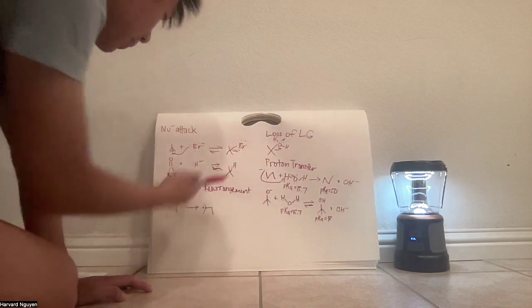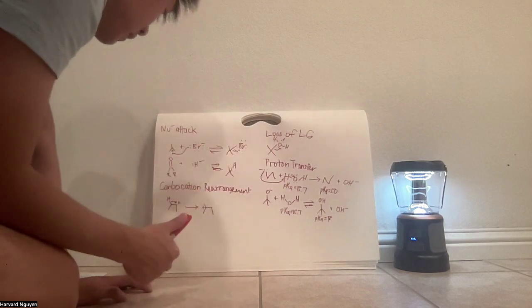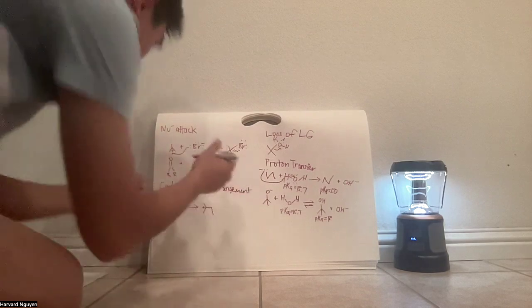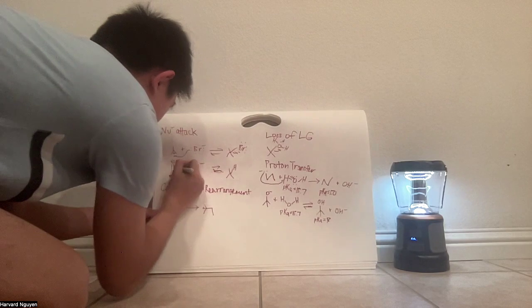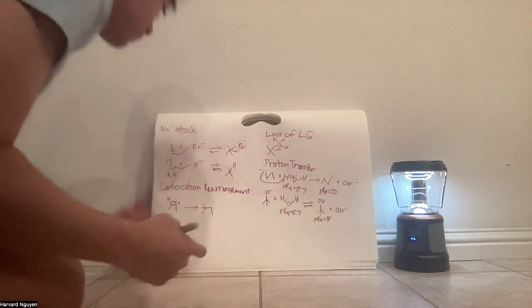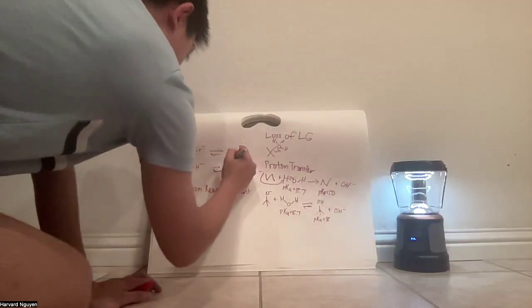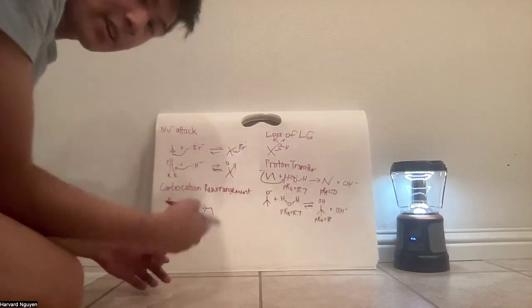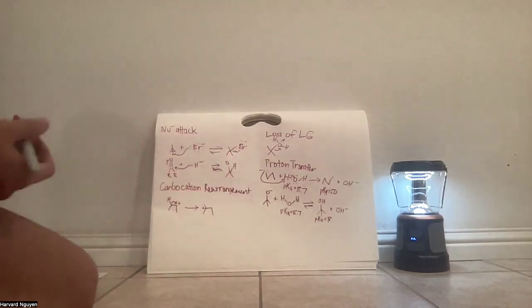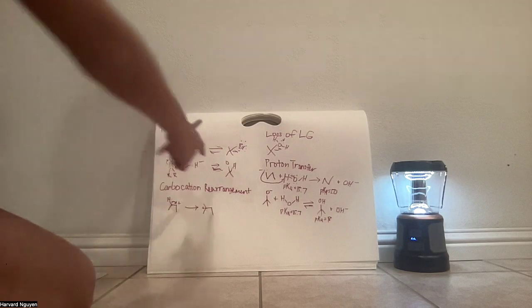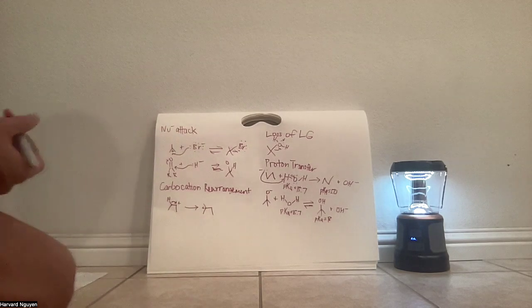Now, let's say we had a hydrogen, and hydrogen will react to break up this ketone. Now, hydrogen is already stable. It wants to stay there, so it's not a good leaving group. Therefore, this reaction is irreversible.